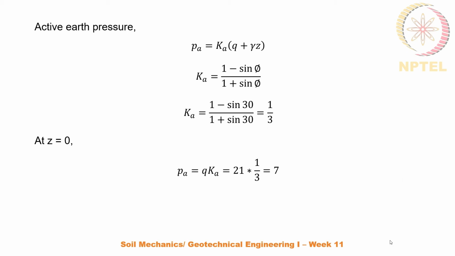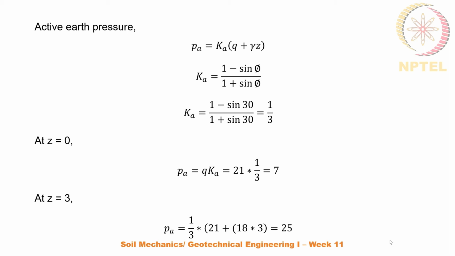Now earlier, we were calculating only at the top point and at the bottom point, but here we have an intermediate point at 3 meter below the ground surface, where the water table is coming within the backfill. Earlier it was below the base of the retaining wall, so it was not interfering with the backfill.